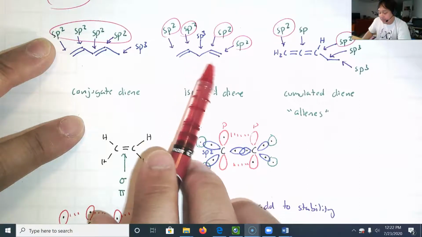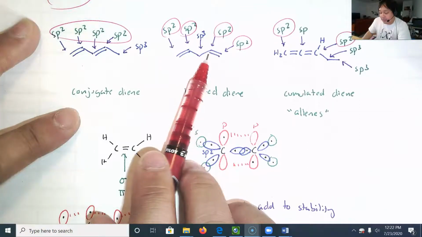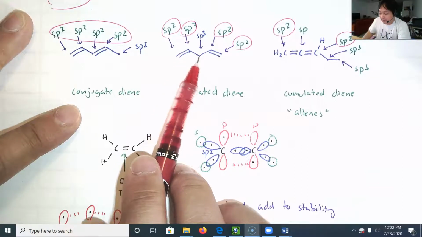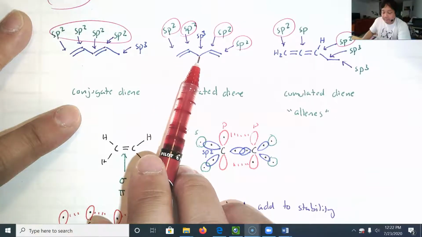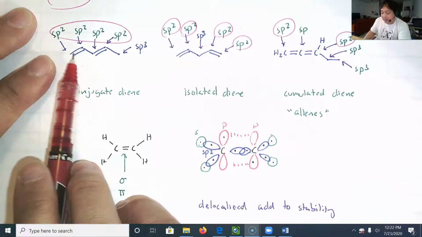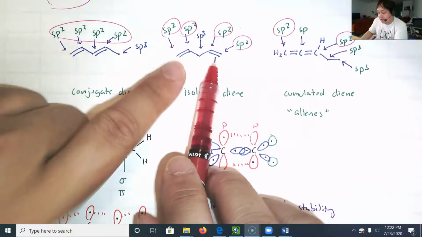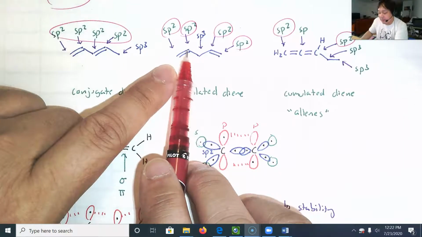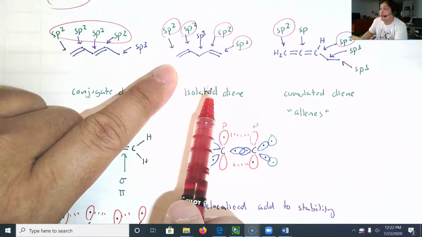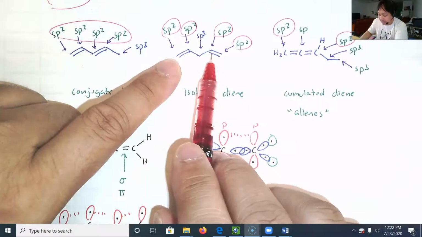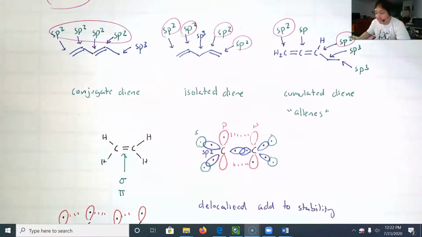So the 2 electrons here are isolated. They can't go to the other side of the molecule. Same thing with these 2 pi electrons, because there's no p orbital in the middle. This is different. Your pi electrons can be shared between 1, 2, 3, 4 carbons. These are not shared. They're, again, isolated, or you could say they are localized between these 2 carbons and these 2 carbons.